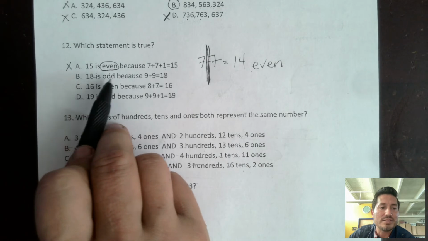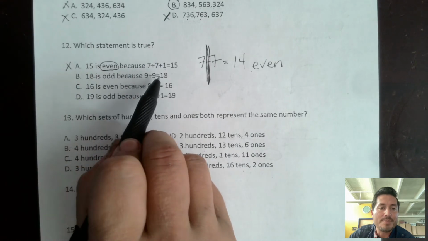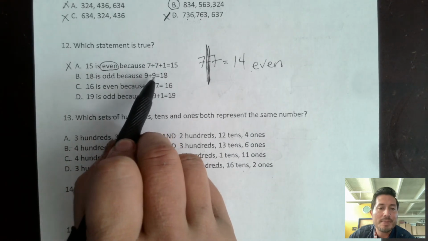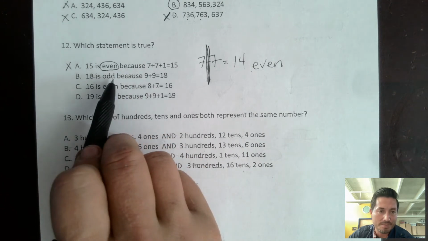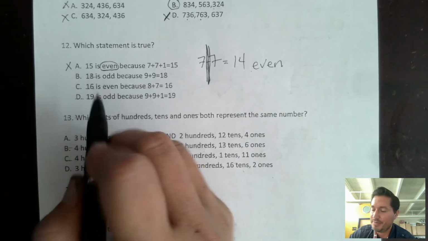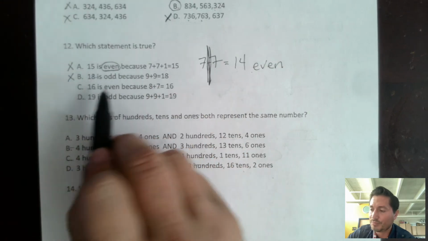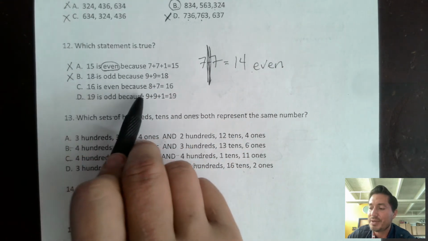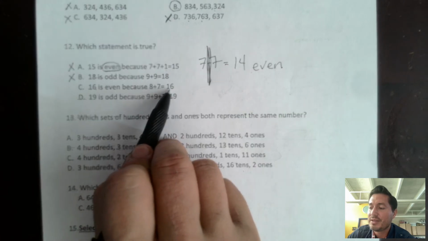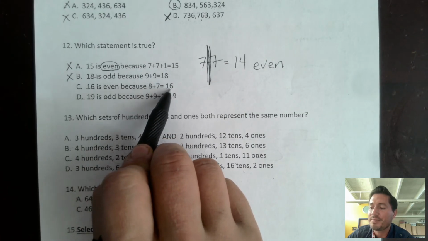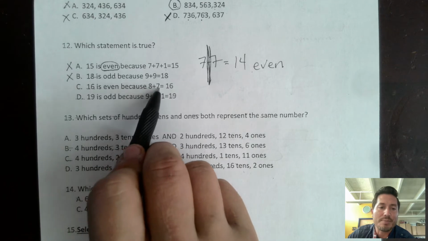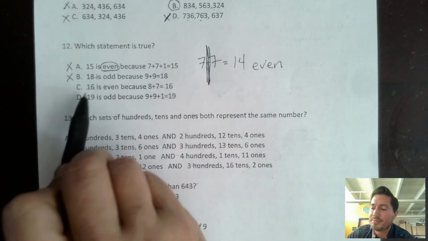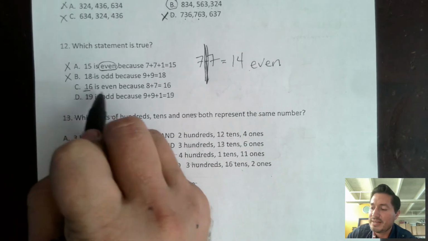B, 18 is odd. Well, 9 plus 9 is 18, but it's not odd. It would be even. C, 16 is even because A plus 7 is 16. Well, first of all, A plus 7 is 15. So 16 is even.